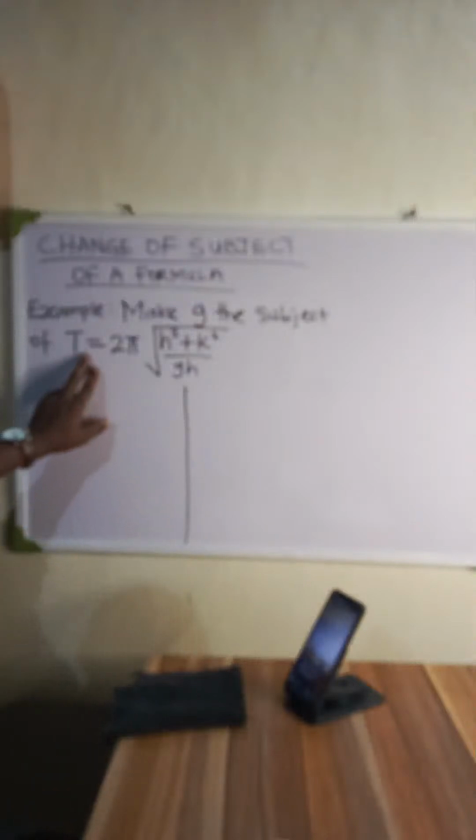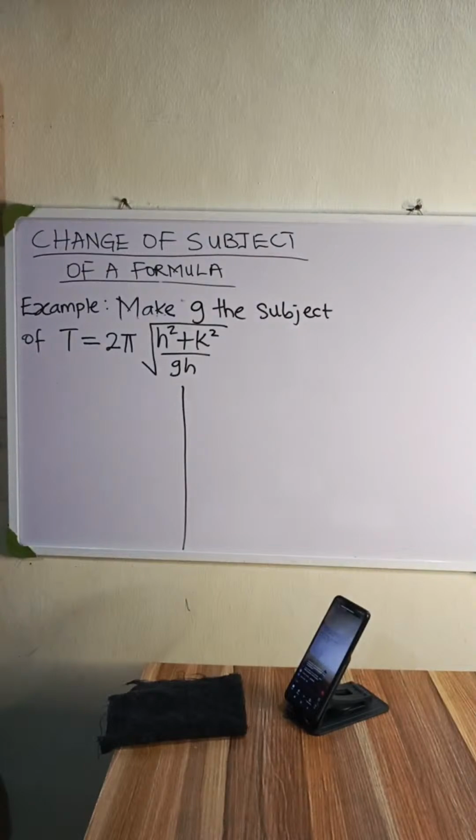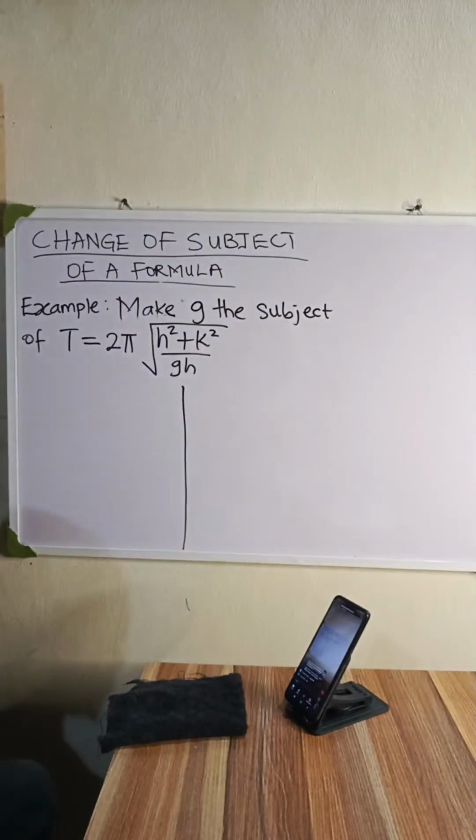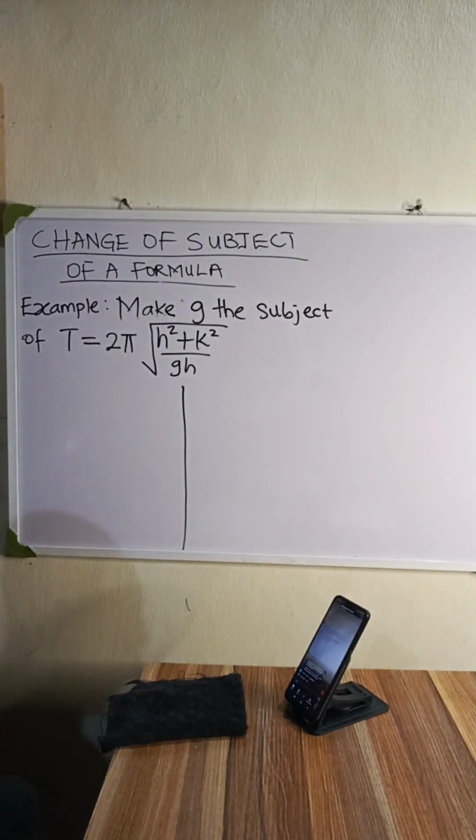Okay, so we have t is equal to 2 pi. Let me check. Okay. I use my magic hands.